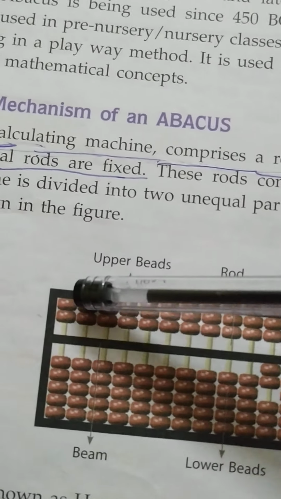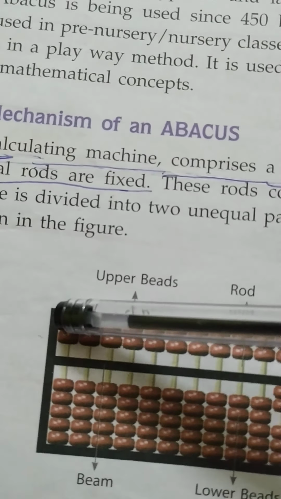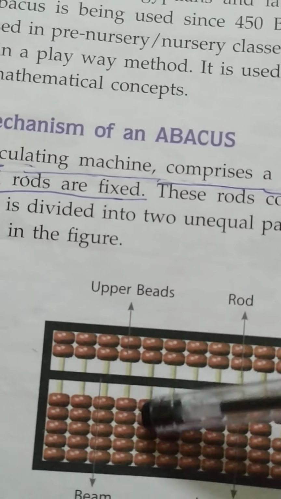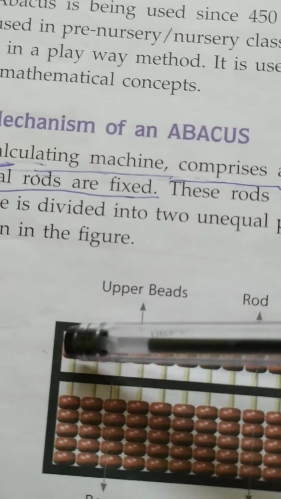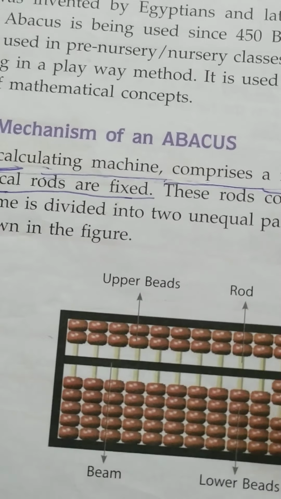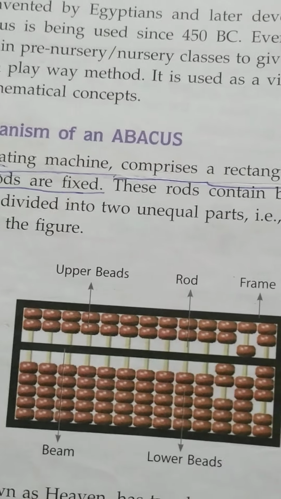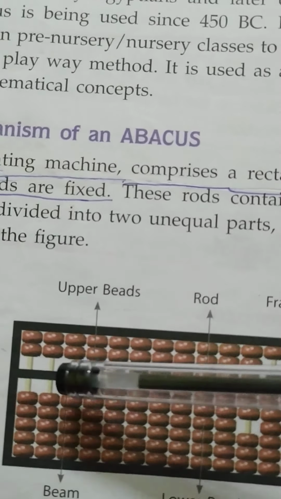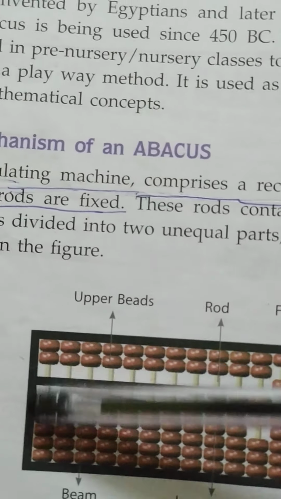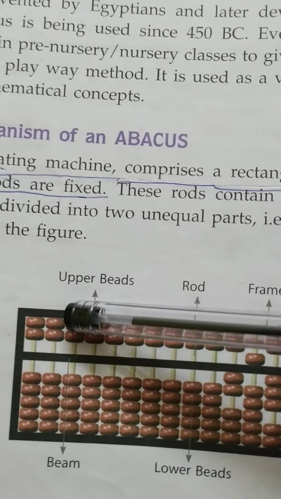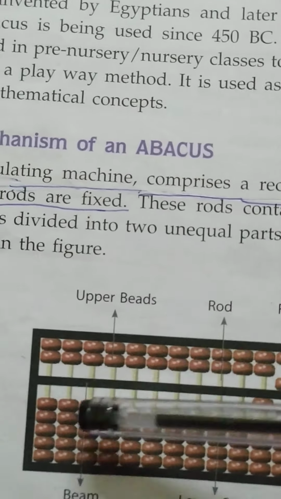This is how the rods of the abacus are, small rods arranged vertically. And the beads are present on these rods. These rods contain the beads. The wooden frame contains vertical rods which again contain the beads.